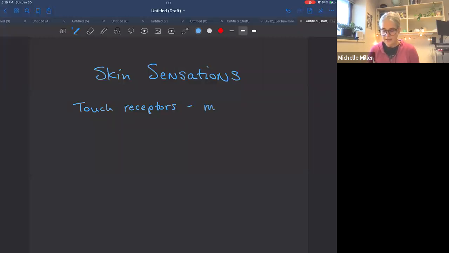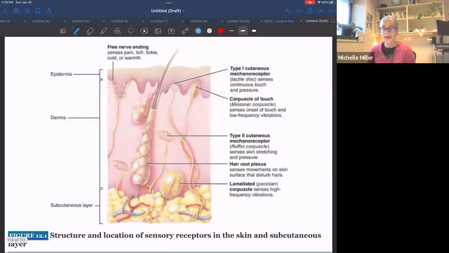But these are examples of mechanoreceptors. Let's look at an image of where these mechanoreceptors are located in your skin. So you remember that there is the epidermis, which is the top layer, and that is epithelial tissue. And there are no structures in the epithelial tissue.